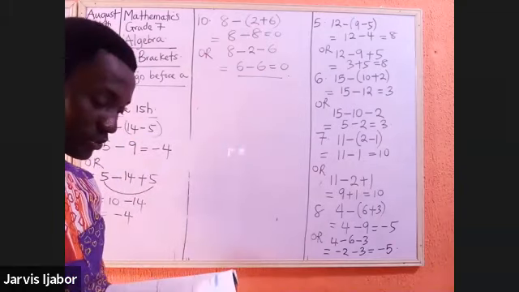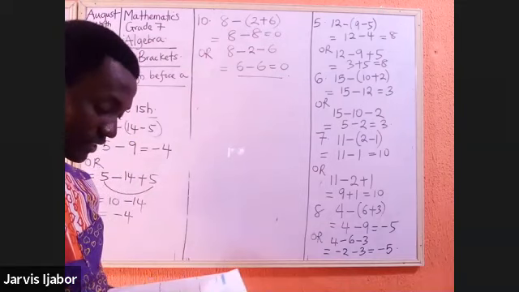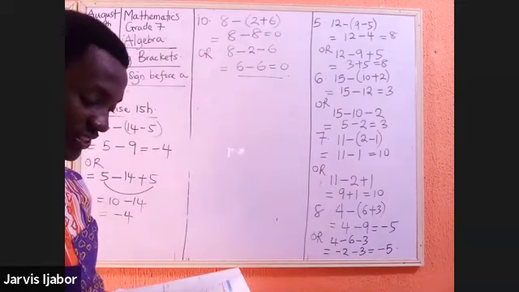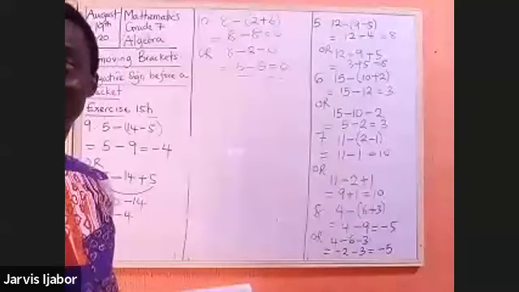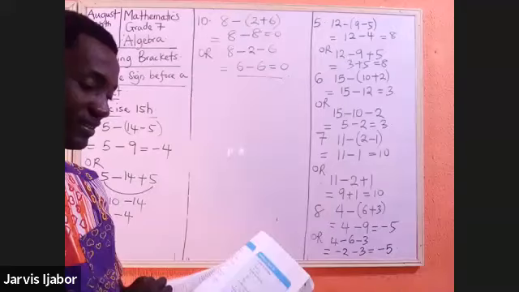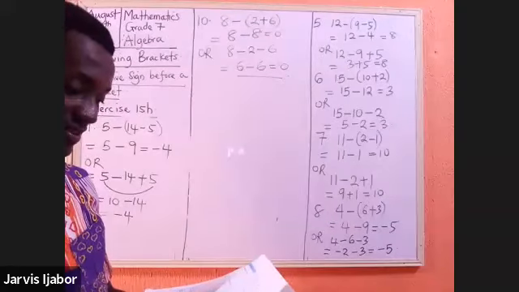So that settles exercise 15H. And I want to trust that then exercise 15I, 15J.